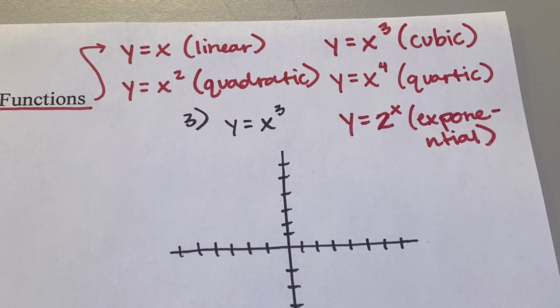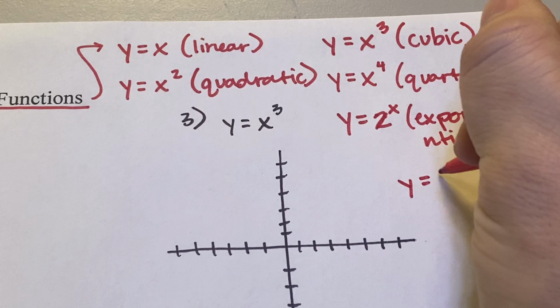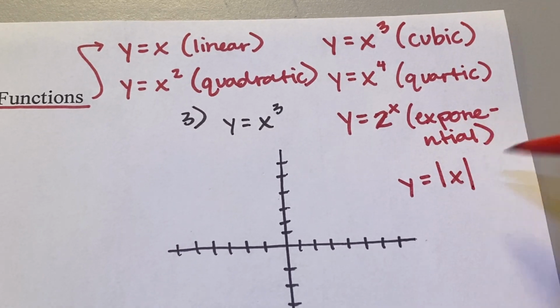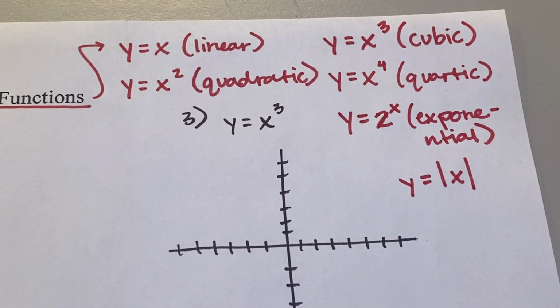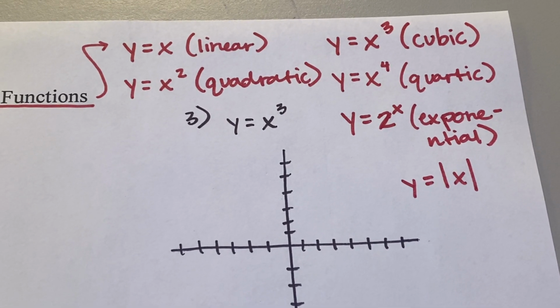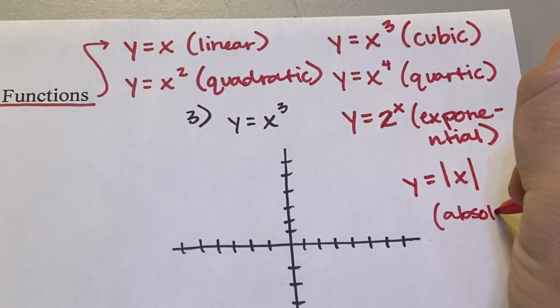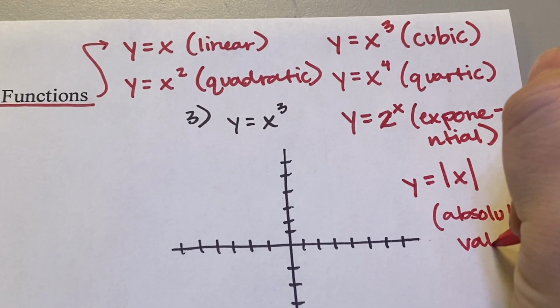And then our last one, which we actually haven't talked about, we're going to talk about it today. It's y equals the absolute value of x. Those two lines around the x mean absolute value of x. So in parentheses, write absolute value.